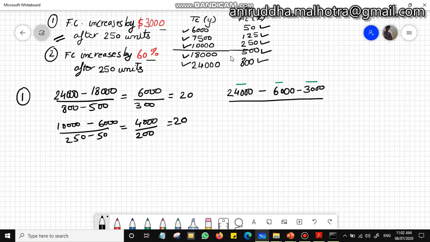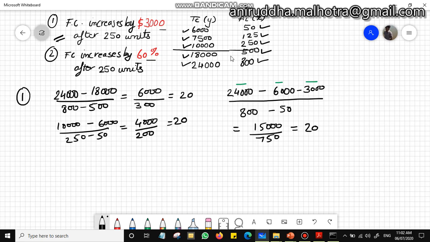Rest of the formula remains the same. 800, that is the highest activity level, and your lowest activity level, that is 50. So what you have over here is 15,000 divided by 750. And you still get the same answer, that is $20.